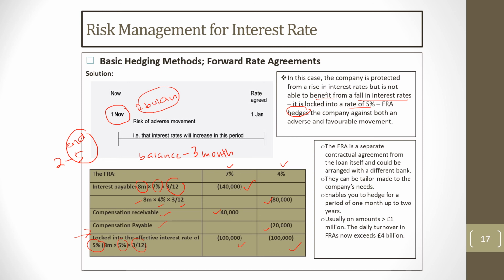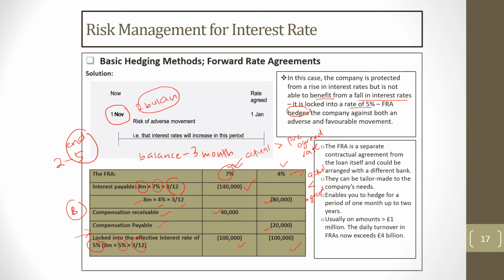So for 7%, the one who has to pay is the bank. Why? Because the actual interest rate is higher than the pre-agreed rate. The agreed rate is 5%. So that's why the bank needs to pay the company the difference. But in this case of the 4%, the actual is less than the agreed rate.